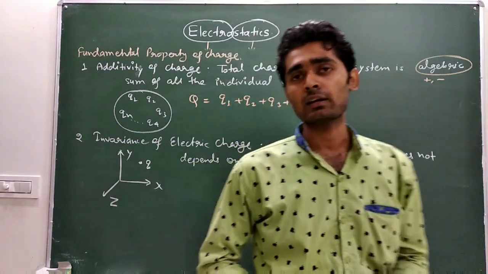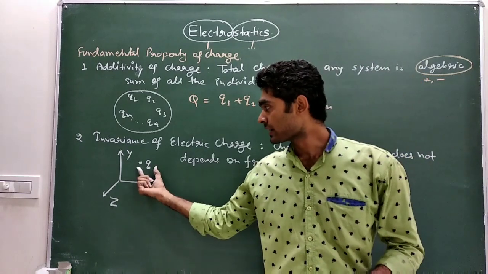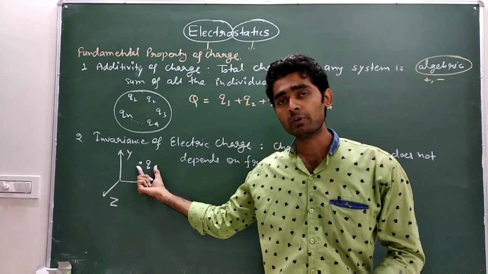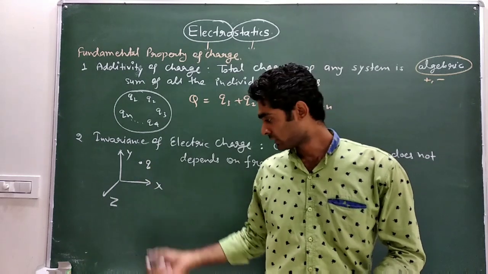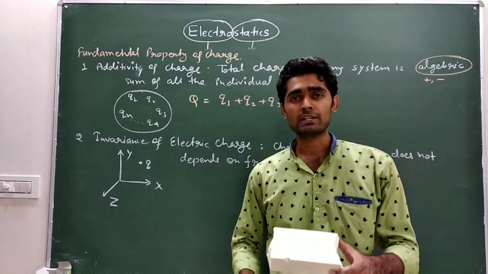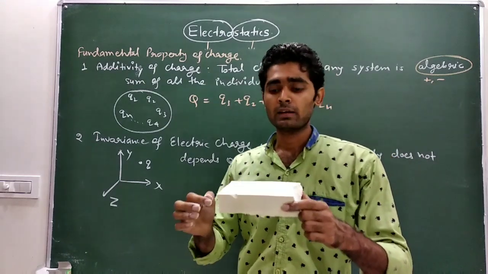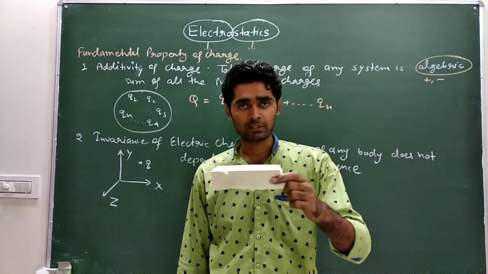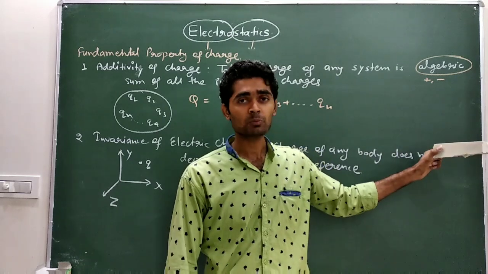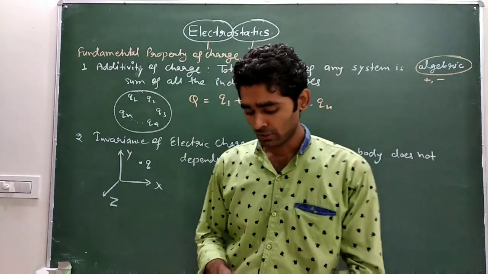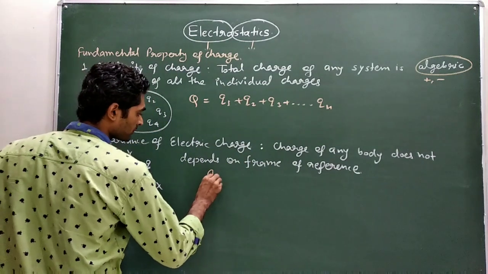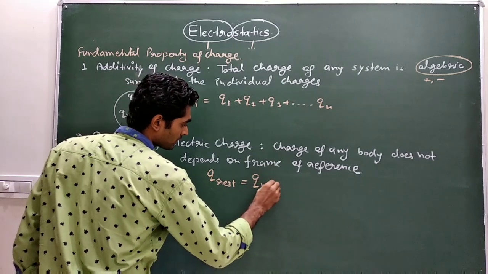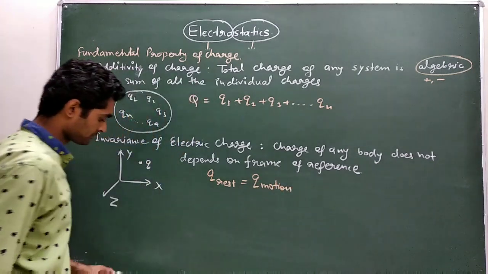We can also say that charges do not depend on relative motion between the charges. If I put Q charge at this cluster and if I move it with a constant velocity or constant acceleration, then the value of charge will not change. So we can write Q at rest is equal to Q in motion.